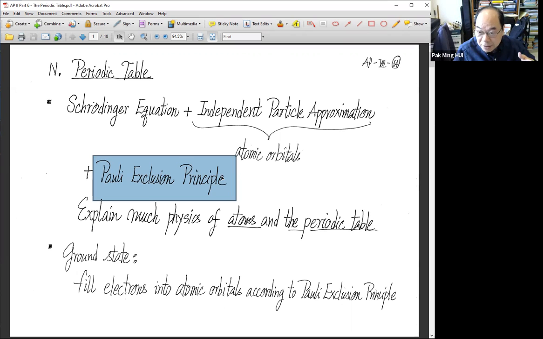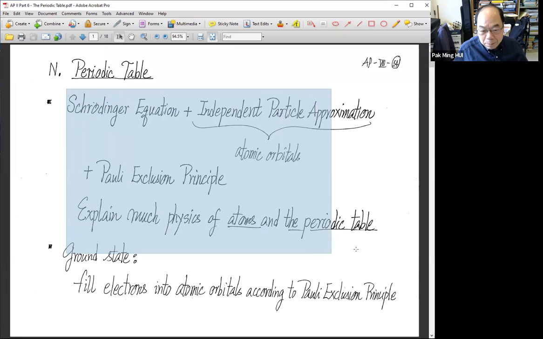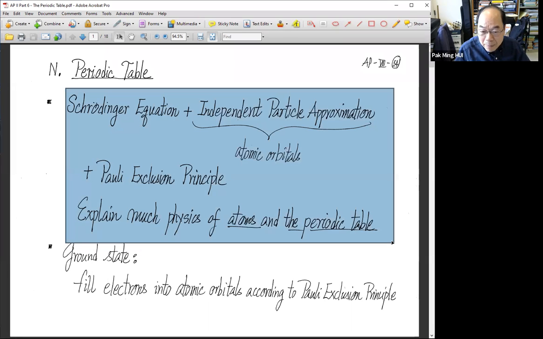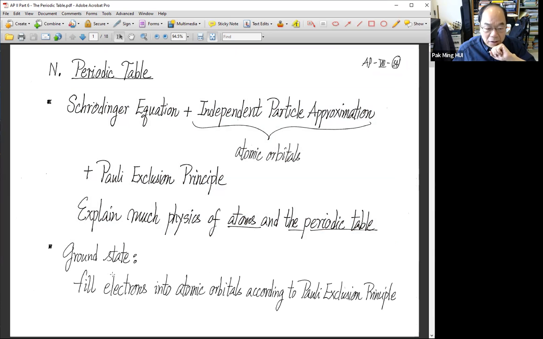We have this Slater determinant that already implied you cannot put two particles into the same independent particle state. So the first point is that with these tools in our mind, we can explain much of the physics of the atoms and the periodic table. Ground state, very simple. Just fill electrons into the atomic orbitals according to the Pauli exclusion principle.